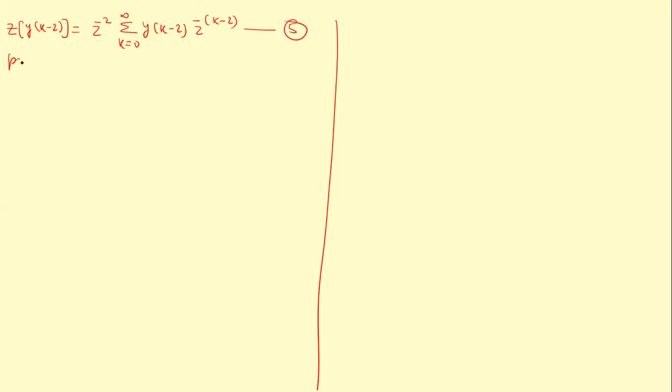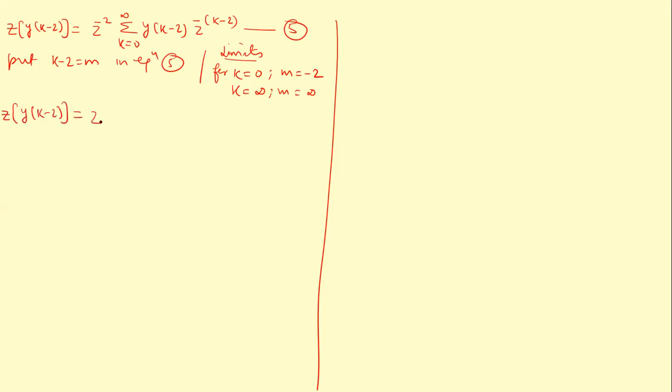So now if we put k minus 2 is equal to m in equation 5, we'll change the limits also. So limits will be, for k is equal to 0, m is equal to minus 2, and for k is equal to infinity, m is also equal to infinity, right? So z transform of y(k minus 2) is equal to z inverse square, and then we have summation m is equal to minus 2 to infinity y(m) z raised to the power minus m.